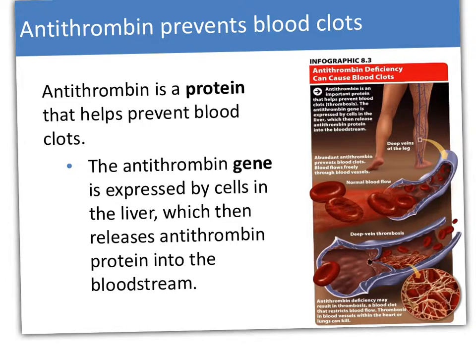People who have a mutation then have a problem in terms of clotting. This protein is made in the liver, mainly expressed in the liver cells. It releases antithrombin into the bloodstream, and it prevents the blood from clotting when it shouldn't.